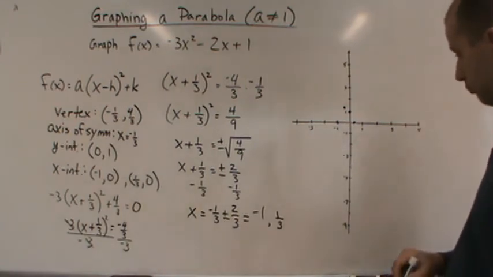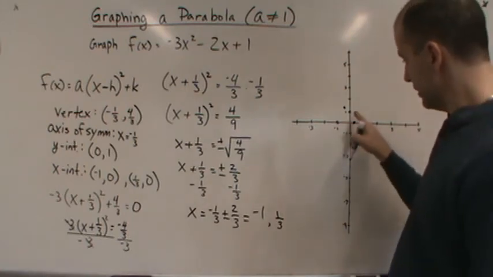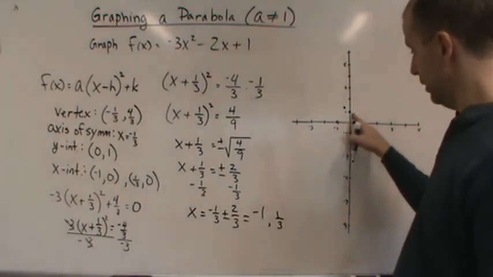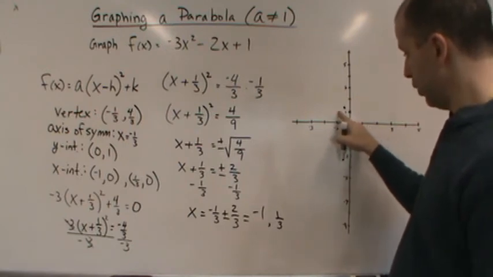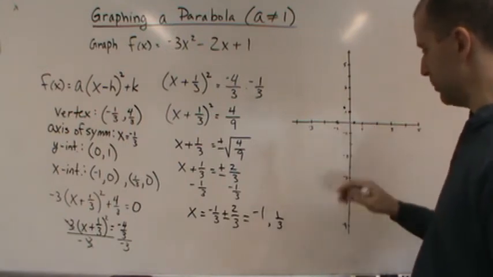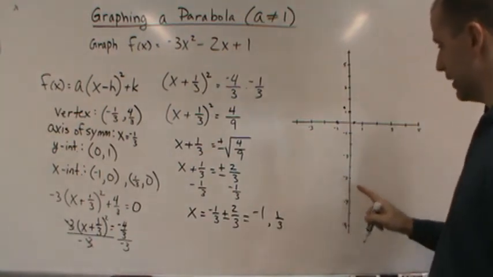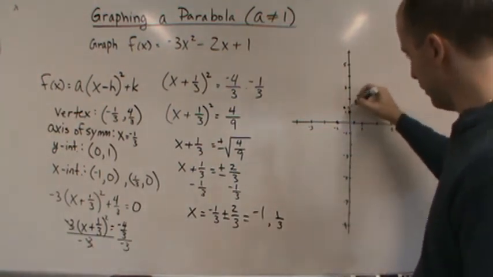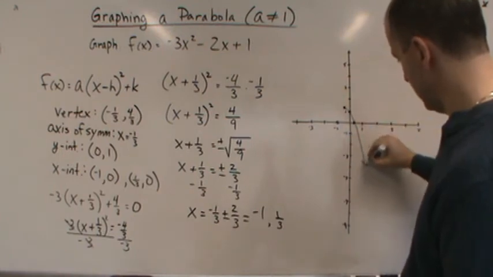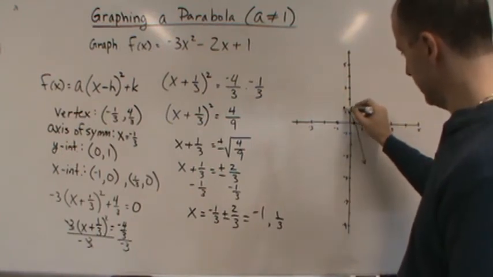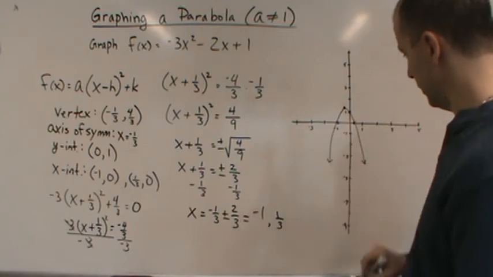Now, since I have a point here, I could put a point over here using the axis of symmetry, but I'm just going to leave it the way it is, because this is plenty to graph this. So now I'm going to graph it over on this side. So I know it does that, and there we go.